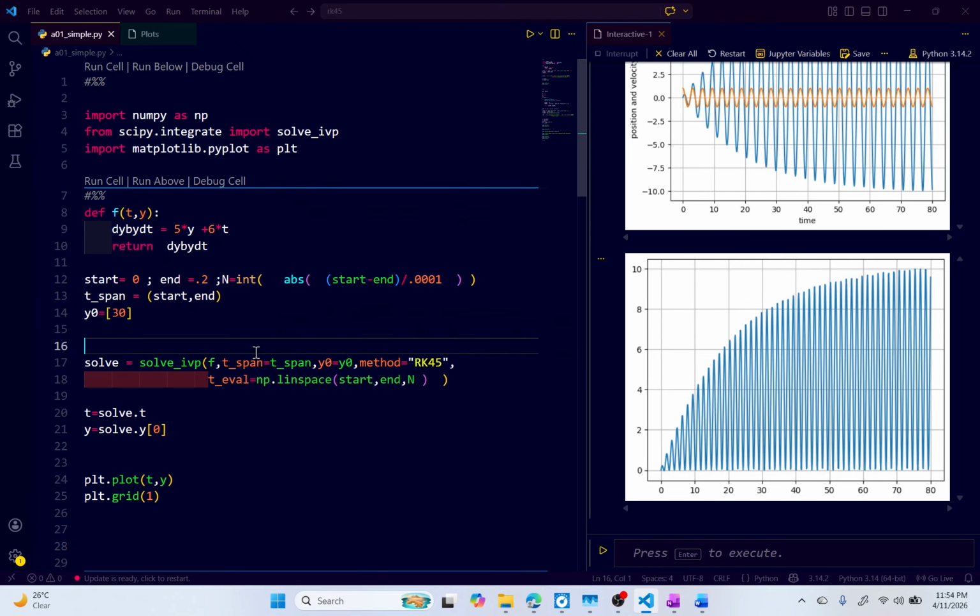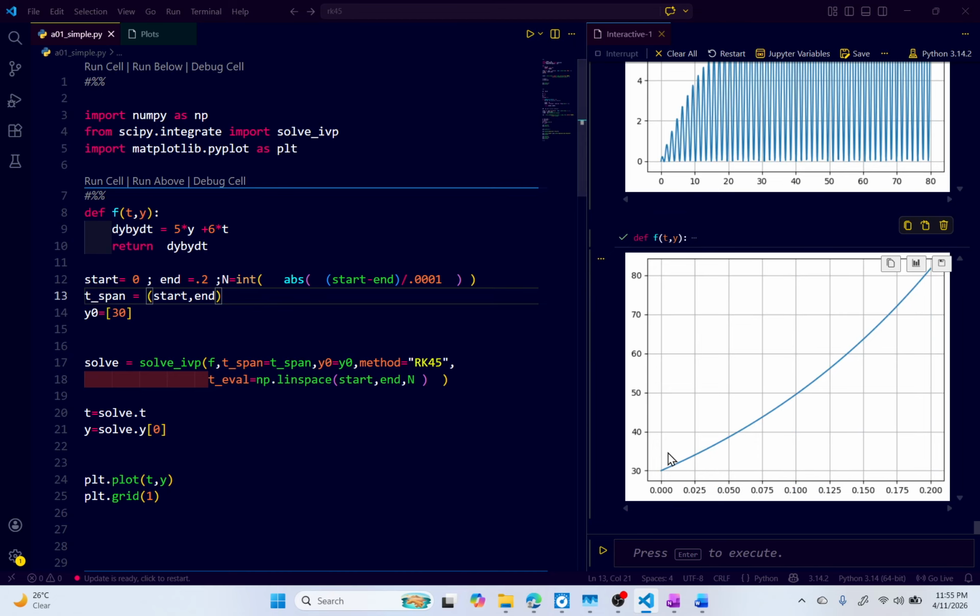Then we have t_span. This is from the starting time to the ending time, and in my case the starting time is 0 and the ending time is 0.2. You can change it, let's say from 1 to 2.